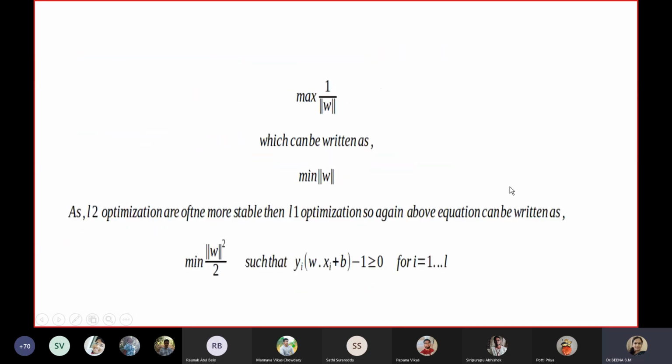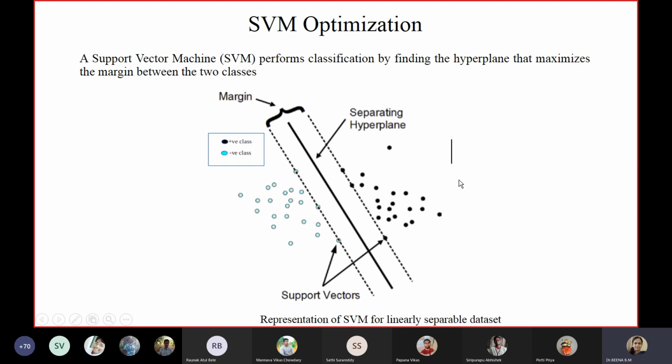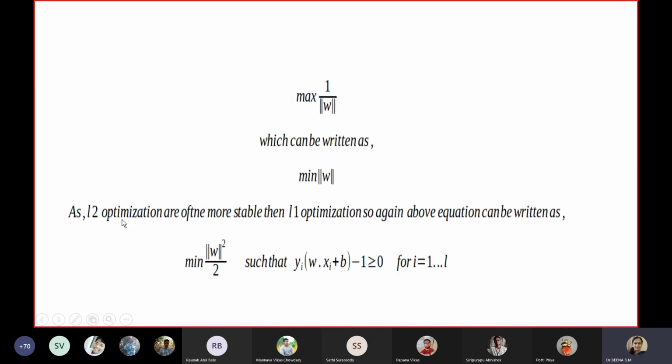Yes, w is normal to the plane. And this max of 1 by modulus of w can also be written as min of modulus of w. So this is the final equation.